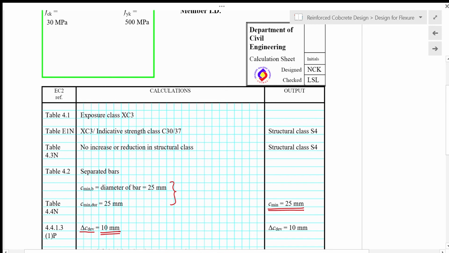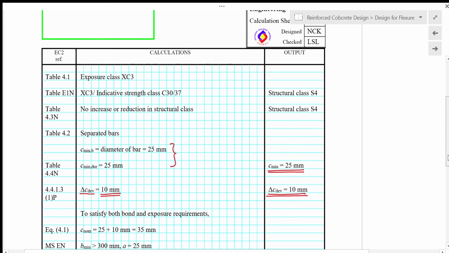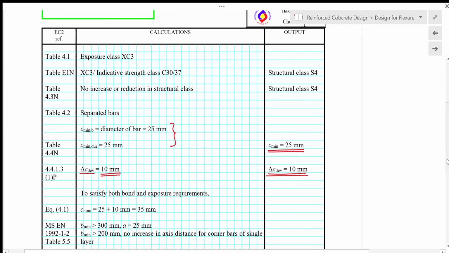Okay, there is no mention about quality control in the construction process, so meaning that delta C deviation is 10 mm. So the nominal concrete cover C nom is equal to 25 plus 10 mm, so it's 35 mm.